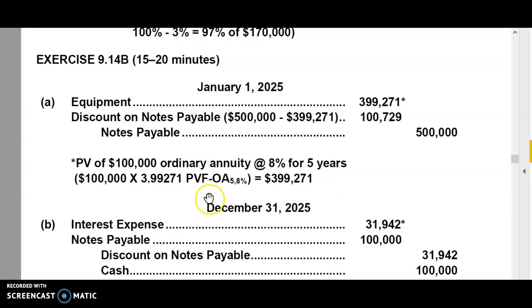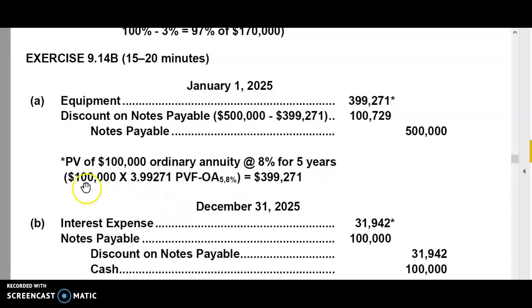Alright, so what you're going to do is take your annuity amount, which our annuity amount yearly is $100,000. Take that annuity amount, multiply it by your present value factor, and you get $399,271. So make sure you use the annuity amount, not the full amount of the note.